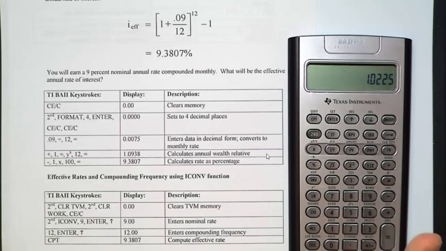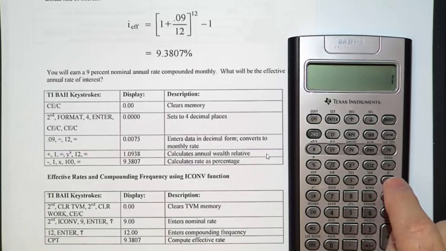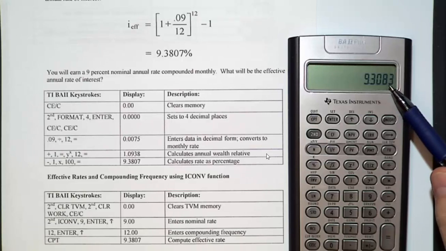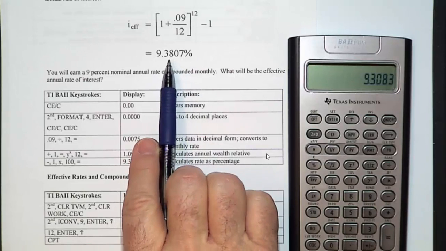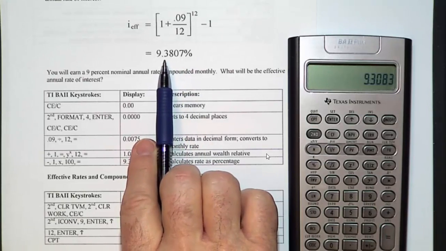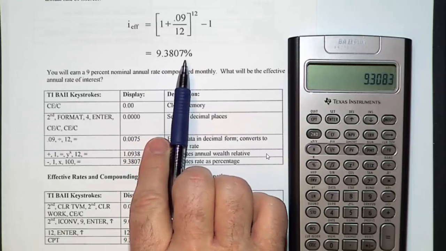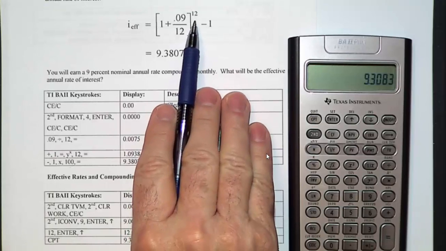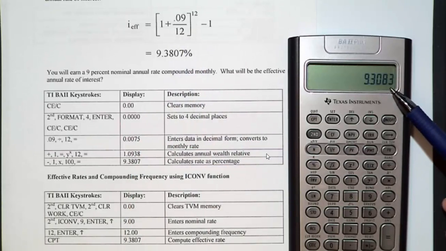Y to the x, 4, because it's 4 periods, equals, minus 1 times 100, and that equals 9.308. Now, compare 9.308 to 9.3807. So you see that the compounding monthly gets you more than compounding quarterly.